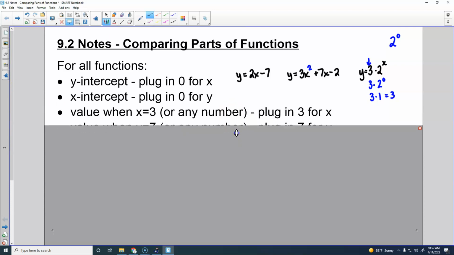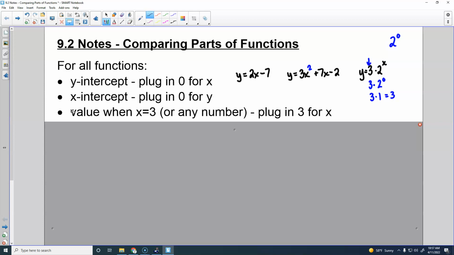All right. Okay. So one big thing that we're going to look at today is what we're going to do when we're looking for the value of a function. For example, when x equals 3. So it might say, what is the value of f of x when x equals 3? Or that 3 could be any number. It could be 7, it could be 100, it could be negative 2, it could be any number.